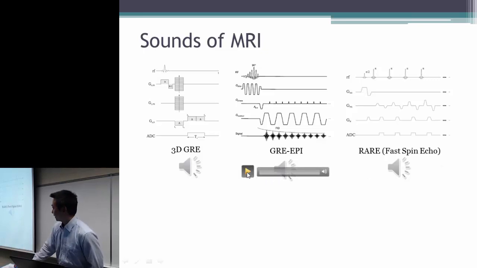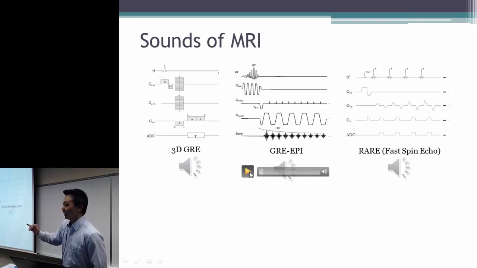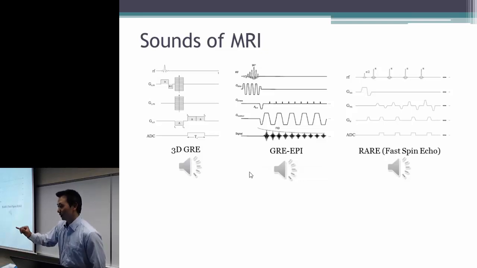So let's hear all this. Okay, so it's because we are collecting multiple slices during the TR. For example, it's roughly 100 milliseconds between one excitation and another excitation.